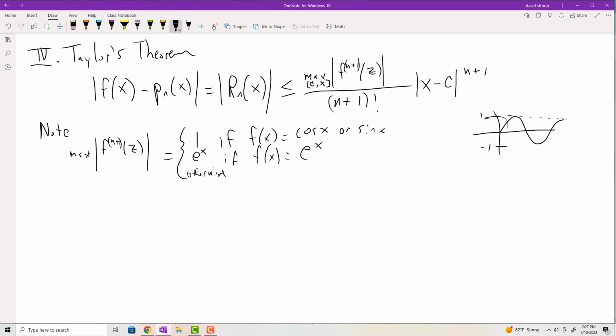Basically, you find the absolute value of the n plus first derivative, and then look for critical numbers, etc. You think of this thing as a function unto itself, so you find what's called g of x, which is the absolute value of the n plus first derivative, and then you get g prime of x. So take g prime of x and maximize it.